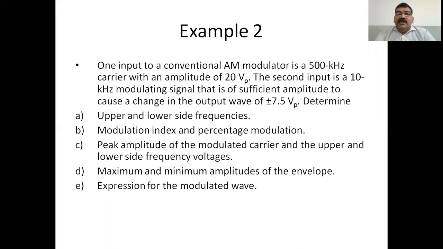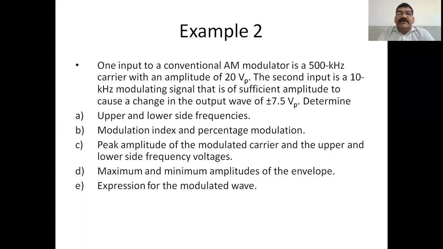The second input is a 10 kilohertz modulating signal that is of sufficient amplitude to cause a change in the output wave of plus minus 7 volt peak to peak. Determine upper and lower sideband frequencies.